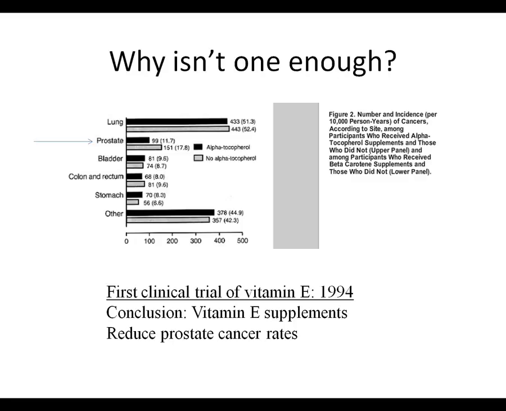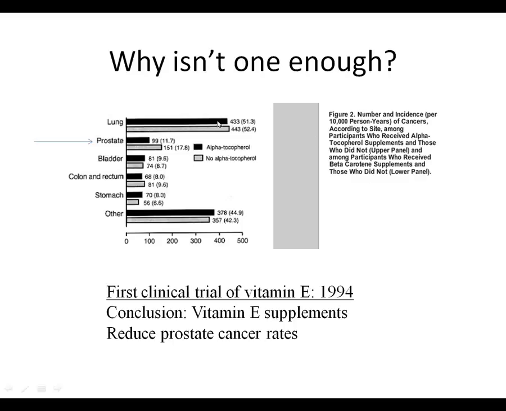So they had some smokers and they gave them vitamin E supplements and followed them for multiple years and then tracked how many people in that group came down with cancer and what type it was.